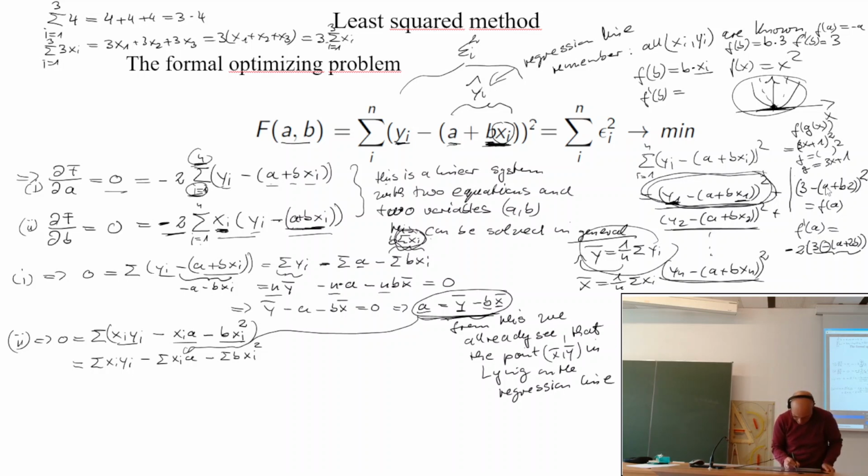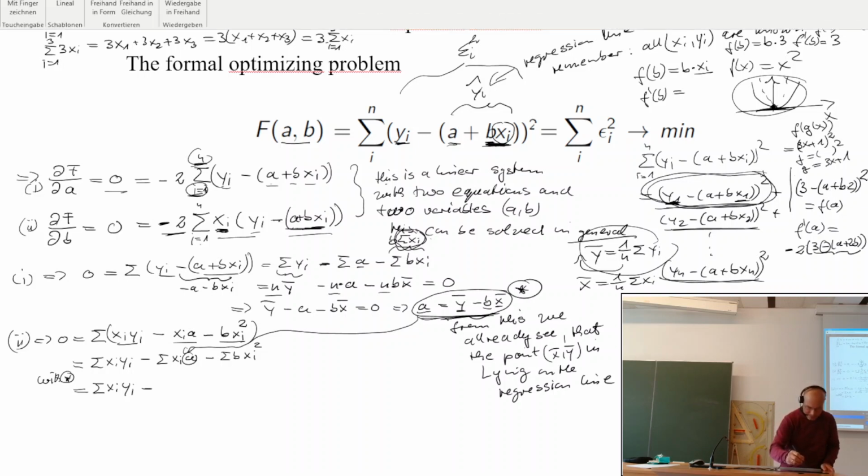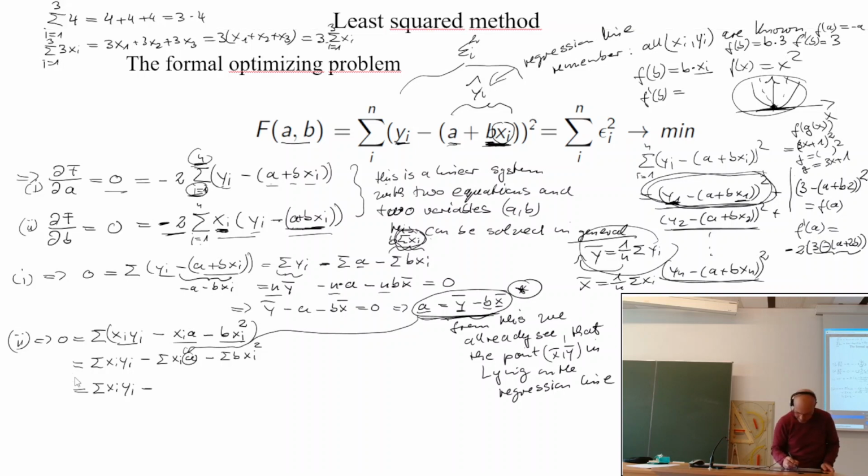So what we then obtain with the star is sum x_i y_i minus, and this a is again just, let's go one step backward, sorry.